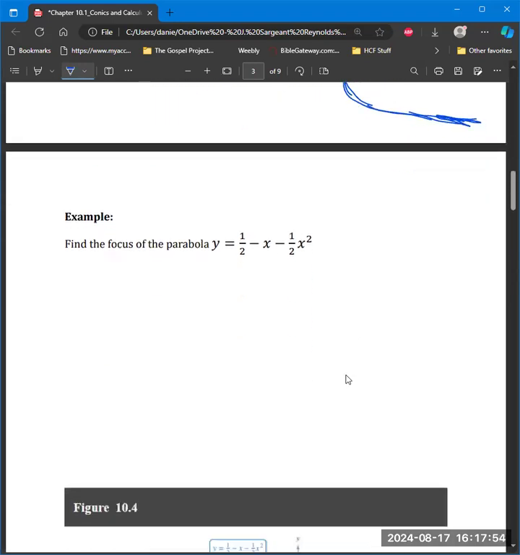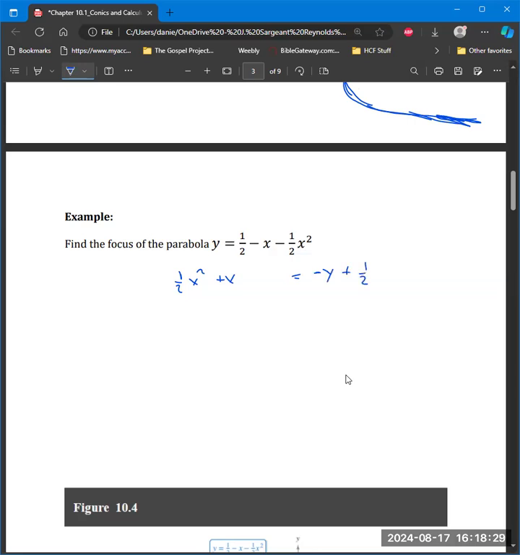All right, let's go ahead and look here and identify the x variable as the one that's squared. And I want that to be over here on this side of the equation. And I want the other part to be on the other side. So I'm going to move things around here. 1/2 x squared plus x is going to be equal to, and then this is going to be a negative y plus 1/2.